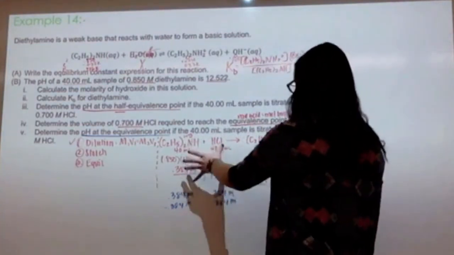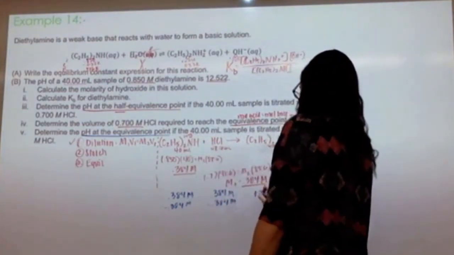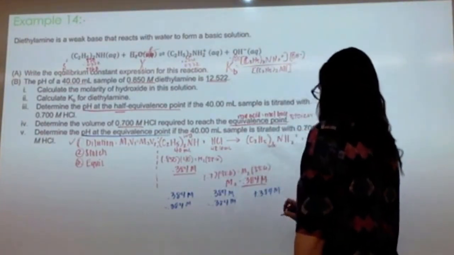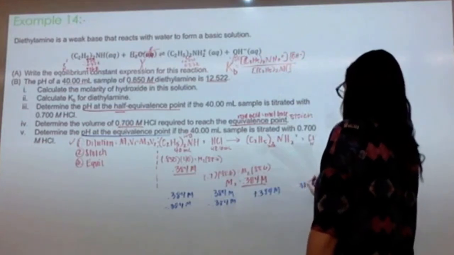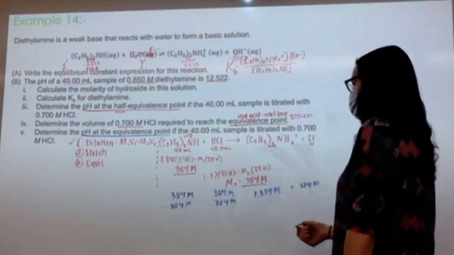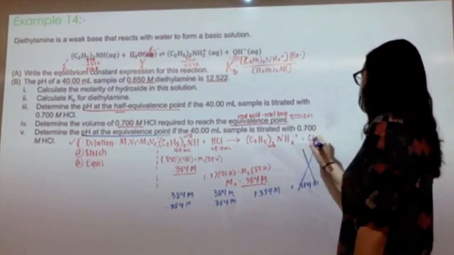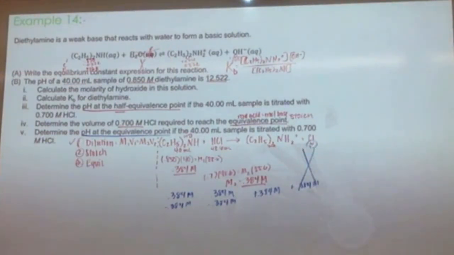As these are being used up, we are forming products. 0.384. Technically, we're forming 0.384 molar Cl- as well. I'm ignoring Cl- because it's neutral. It's not going to affect the pH. It doesn't matter how much of that you have.